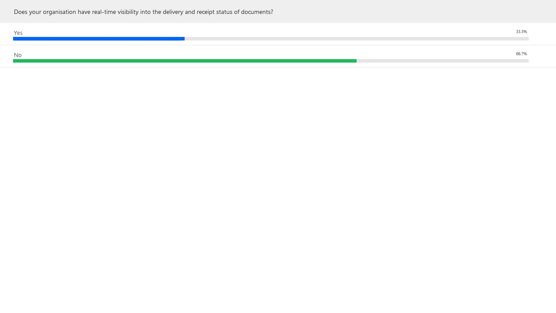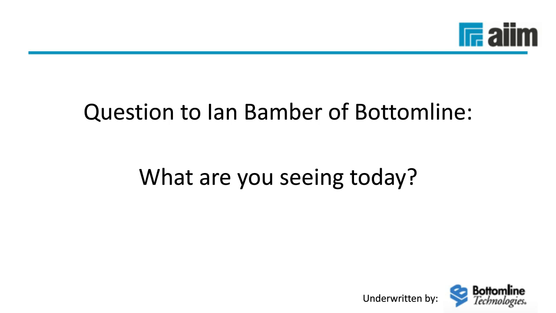Okay, so just looking at the result there, and thank you, Thomas. 33% of people say they do have real-time visibility into the receipt and status of documents, so two thirds of organizations do not. That doesn't surprise me at all. In our experience, there's a shift in the awareness of the opportunity that modern cloud technologies can bring to these communication processes.